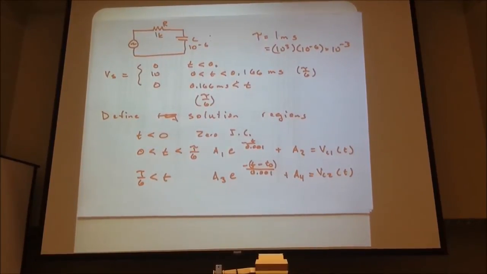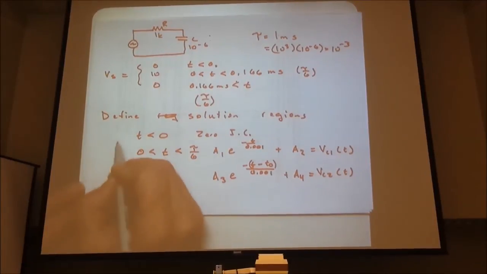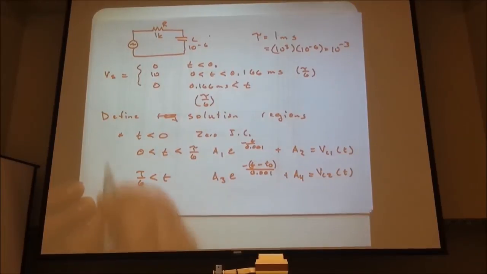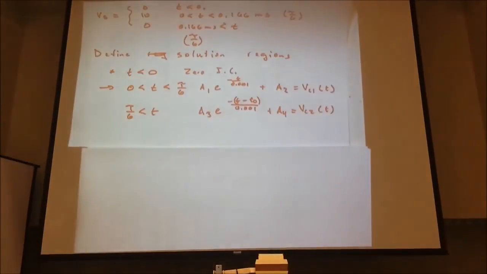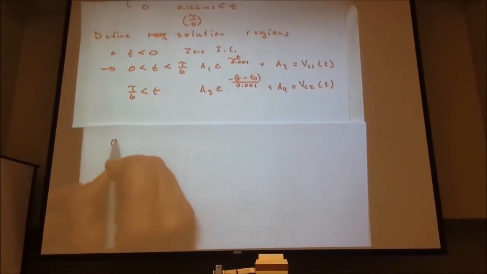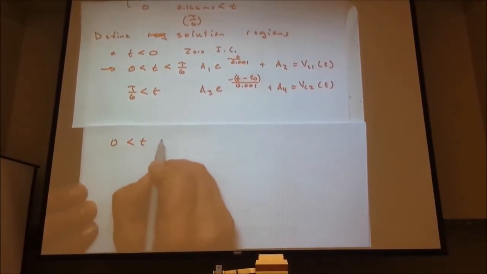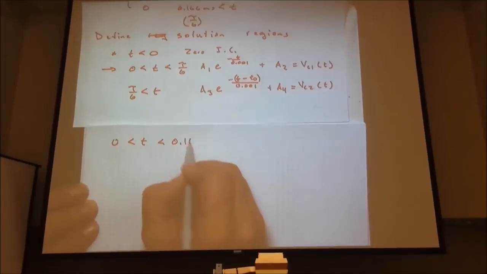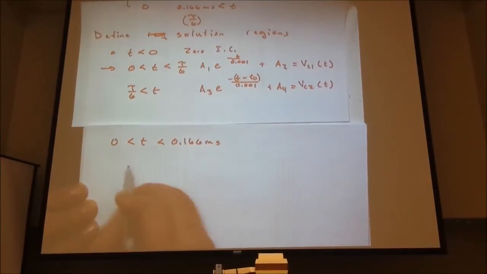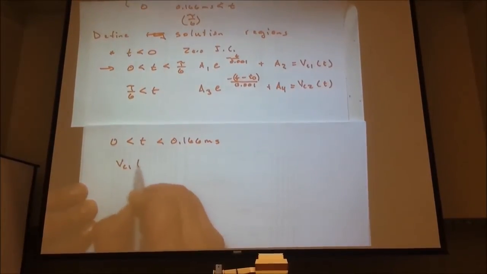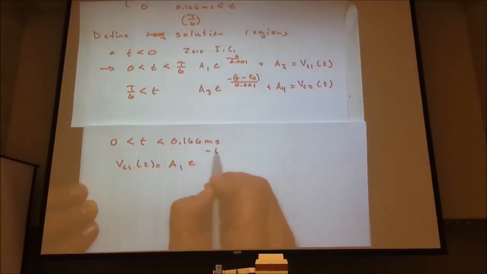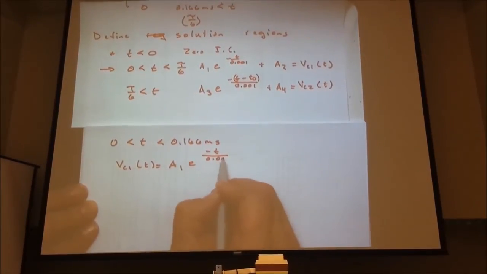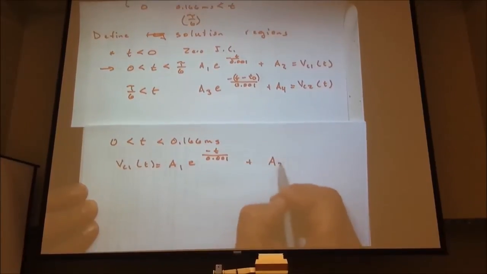And so how do we solve for these coefficients? Well, you start at the beginning, and we already know that. So then we go here for 0 less than t less than 0.166 milliseconds. DC1 of t equals A1 e to the minus t over 0.001 plus A2.